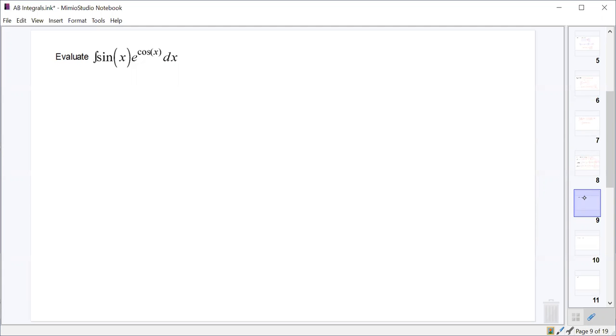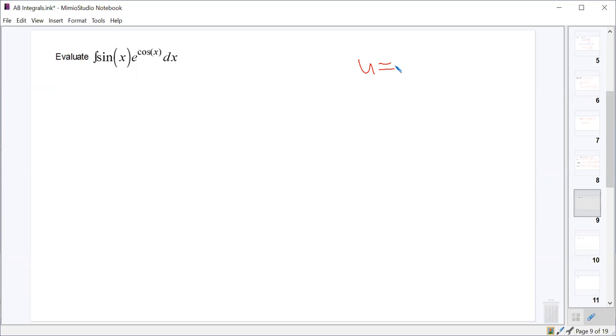And what we will most of the time do for a U-substitution integral is substitute out the part of the more complicated piece of it. So there's two pieces to this. There's sine x, which is being multiplied by e to the cosine x. So what's more complicated, sine x or e to the power of cosine x? E to the power of cosine.